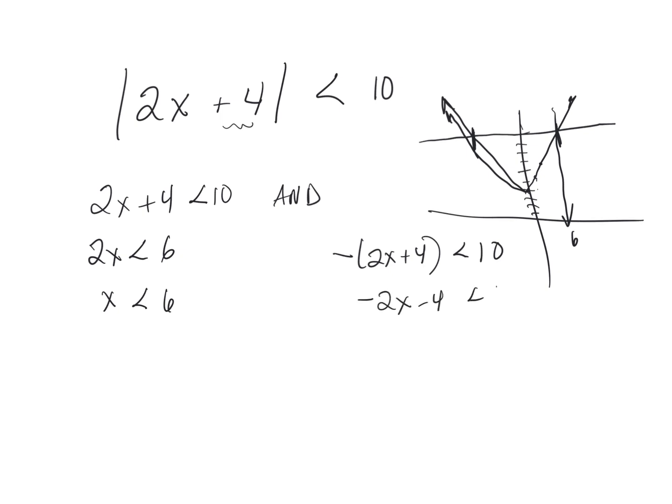Distribute this, add that, divided by -2, divided by a negative, switch the sign, x is greater than -7. That's our point over here.